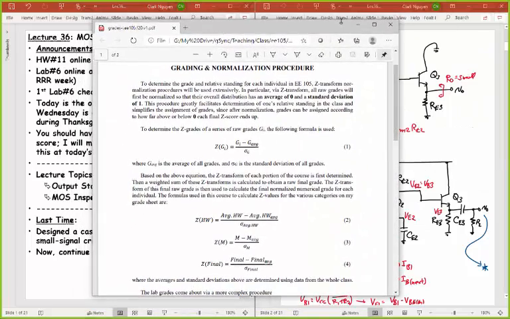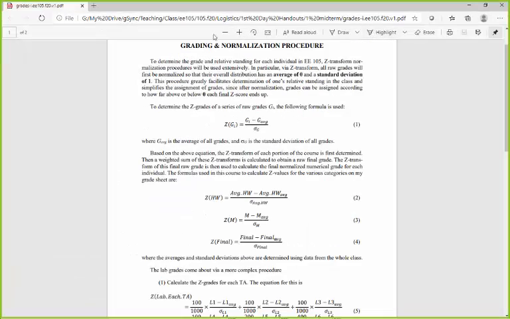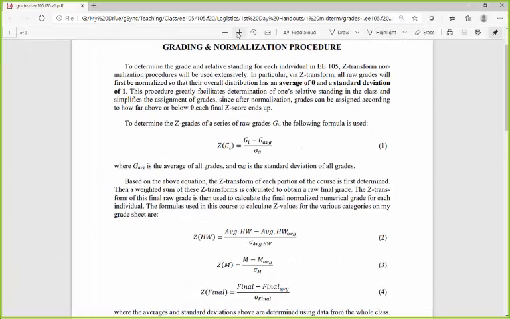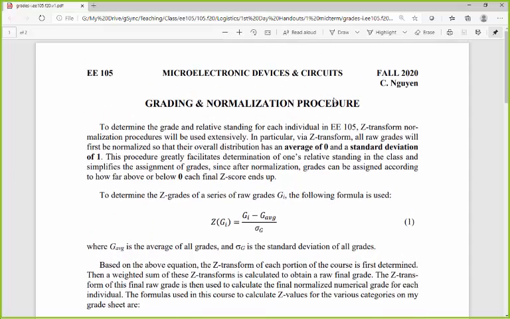And so this is the grading and normalization procedure. This is a handout that's online. It's been online since the beginning of class. If you want to know exactly how Z's are computed and how Z's are used, you can go ahead and read this, but I'm going to go through a little bit of it for you. And so what a Z-score is basically turning your grade into an average and a standard deviation from the class.